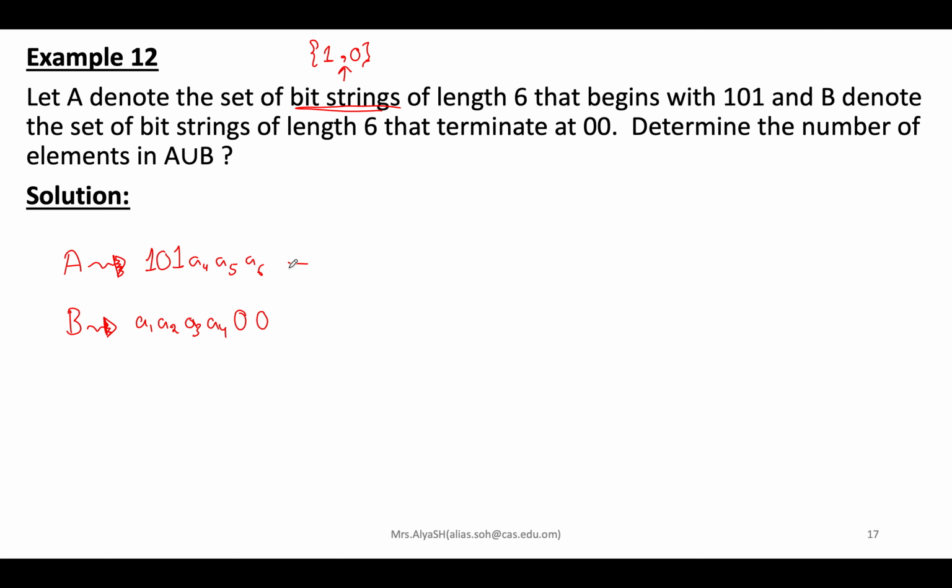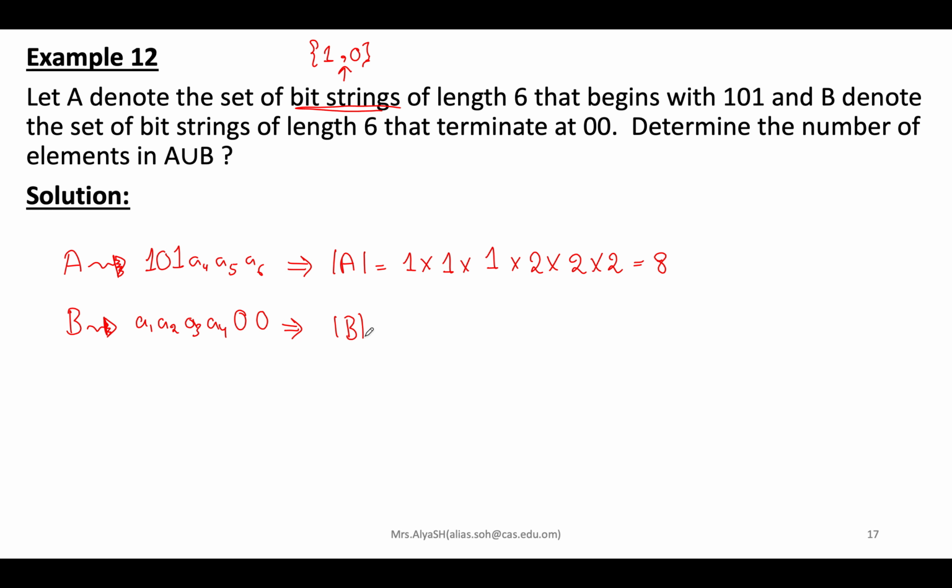So the number of elements in A: I have 1 digit at the beginning, 1 digit which is 0 at the second, 1 digit in the third, and then either 0 or 1, either 0 or 1, either 0 or 1. Here the number of elements in A is 8.